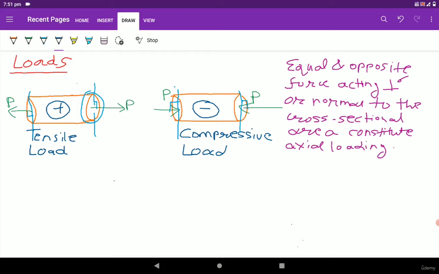Now let's talk about how we are going to calculate the axial loading for any section. So suppose there is a rectangular cross section.